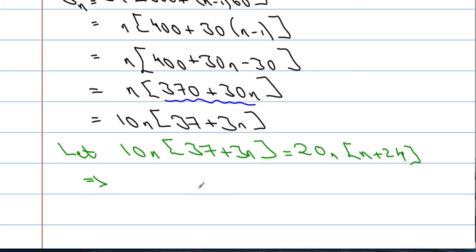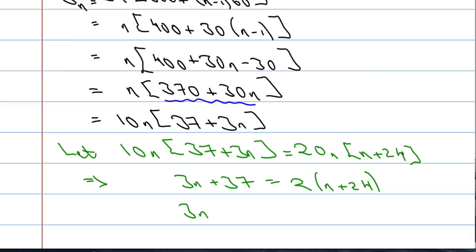So I'm going to divide both sides by 10n. So I get 3n plus 37. I'll just swap these around. Addition is commutative, so we can do that. Dividing this side by 10n, we're going to get 2, and what's left in the brackets is n plus 24.